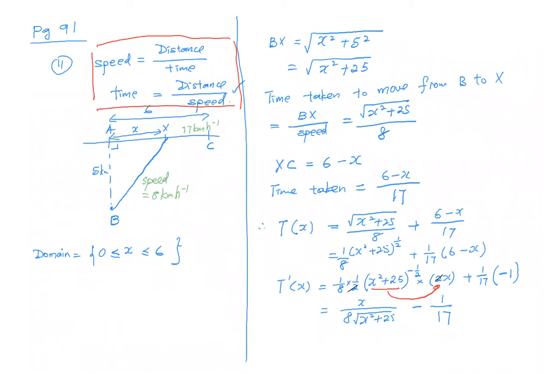Okay, so we are going to put it equal to 0. So x over 8 square root of x squared plus 25 minus 1 over 17 is equal to 0. So x over 8 square root of x squared plus 25 is equal to 1 over 17. So if you want to solve this, because it's a square root, you can square both sides.